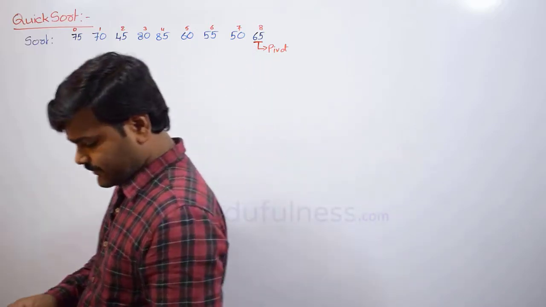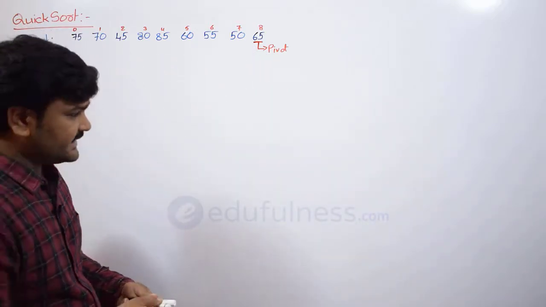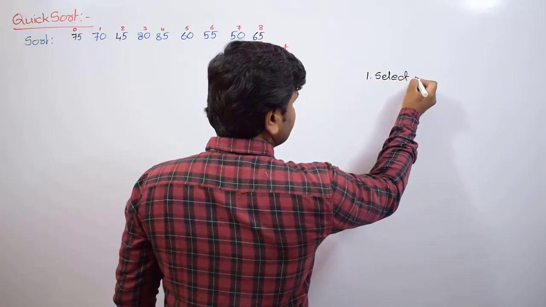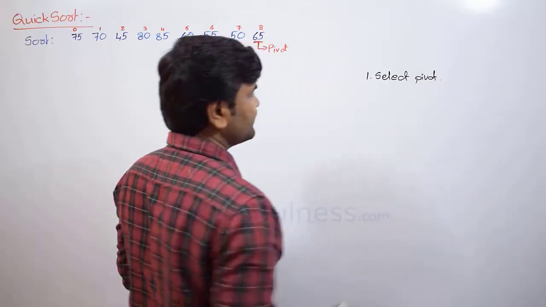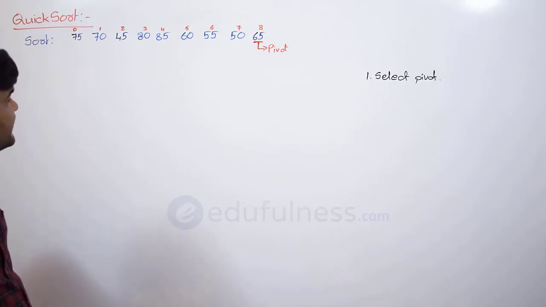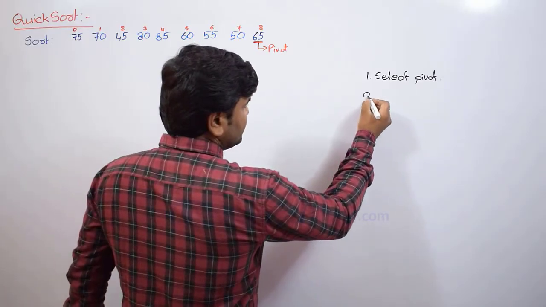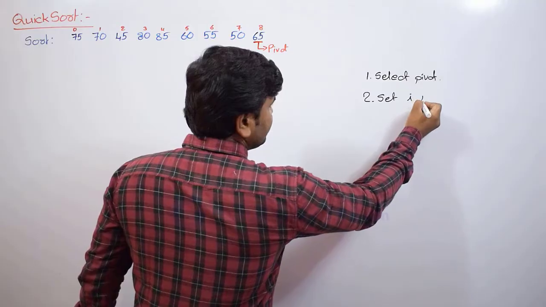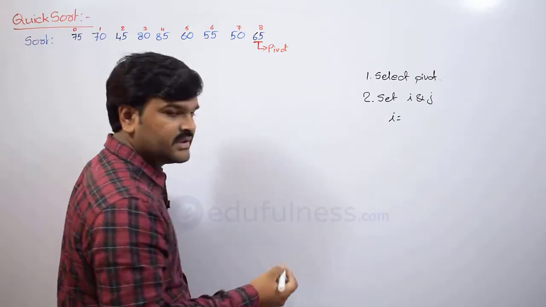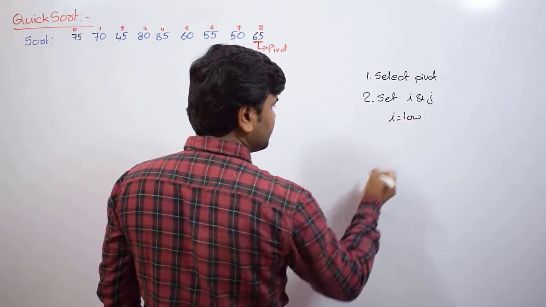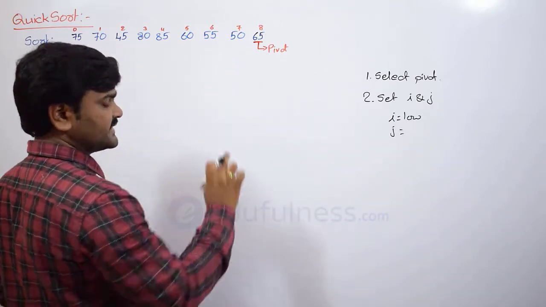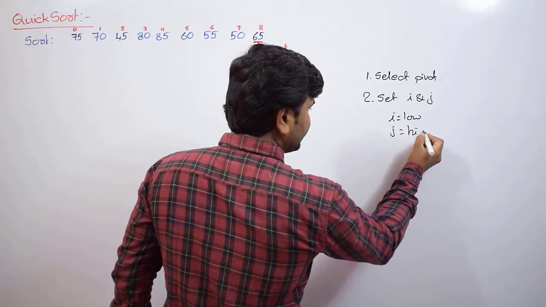The step 1 is select the pivot element. Then after selecting the pivot, we set i and j. i is going to become the lowest index number and j is going to become the highest index minus 1 position, that is high minus 1.